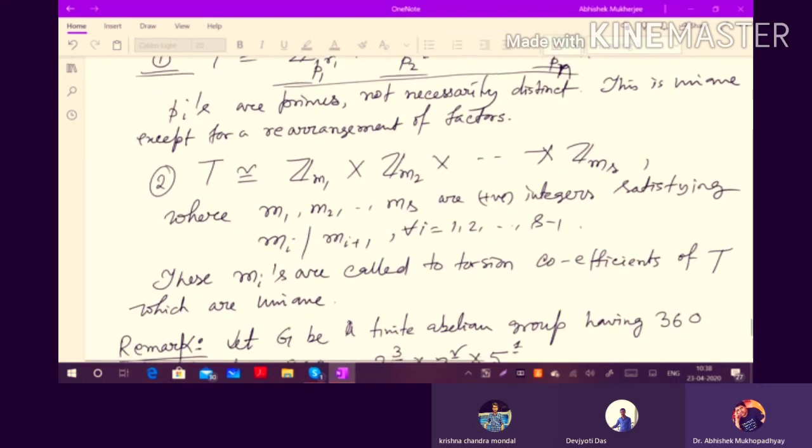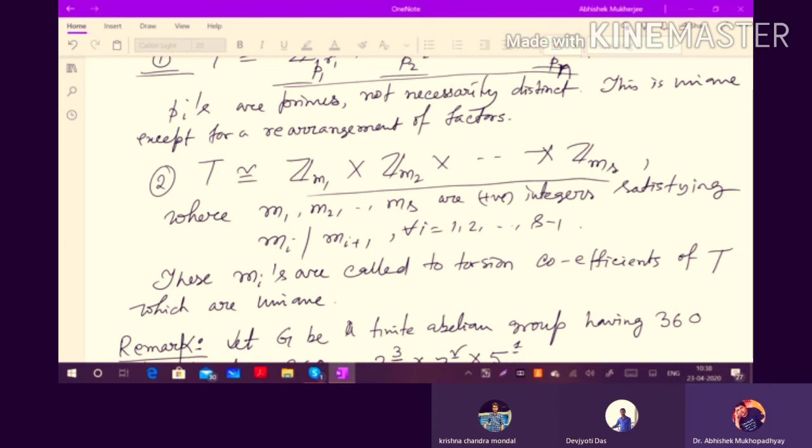Now you can achieve representation 2 by using one particular property, that Zn cross Zm is isomorphic to Z_mn if and only if GCD of n and m is 1.